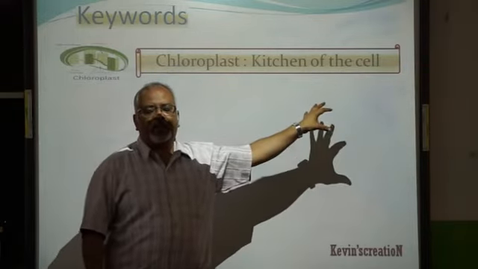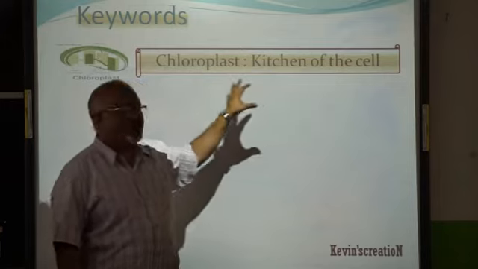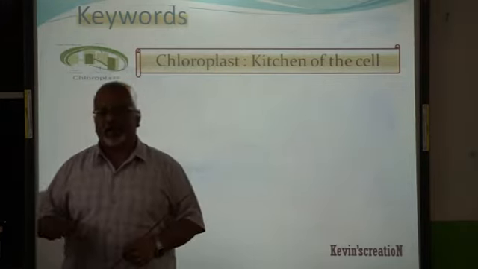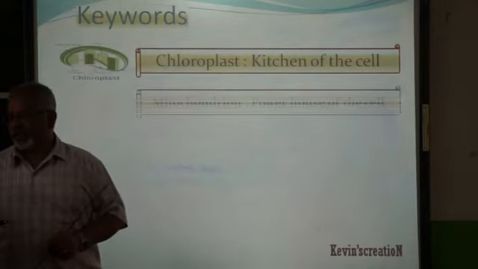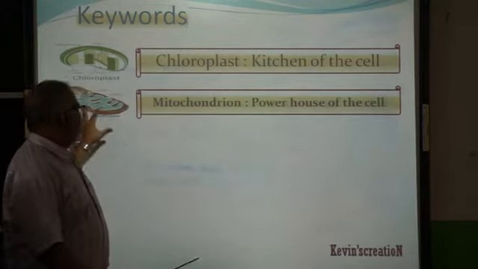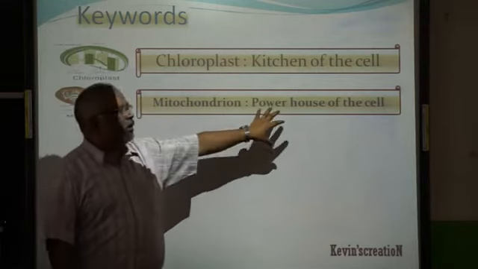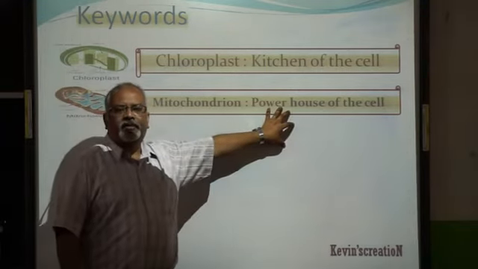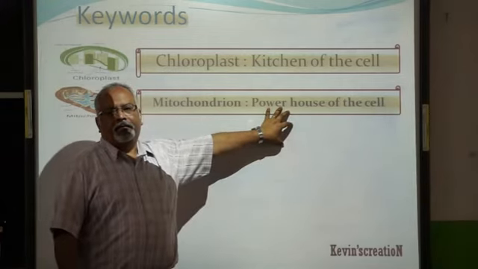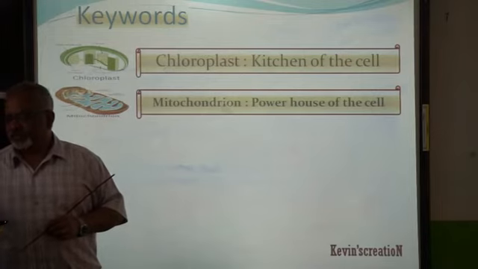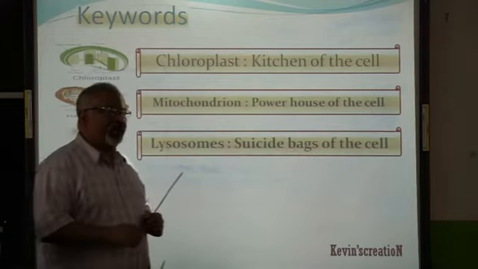So this will remind you that the food is manufactured in the chloroplast with the help of a green pigment known as chlorophyll. This is the mitochondria. Singular is mitochondrion. Mitochondria are also called the powerhouses of the cell because they produce energy. They provide us energy.